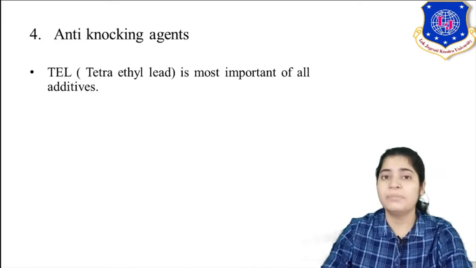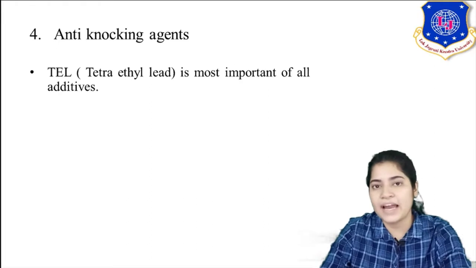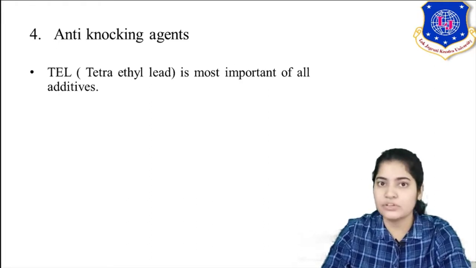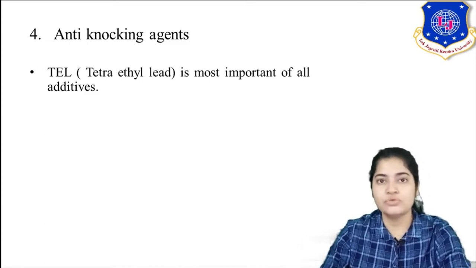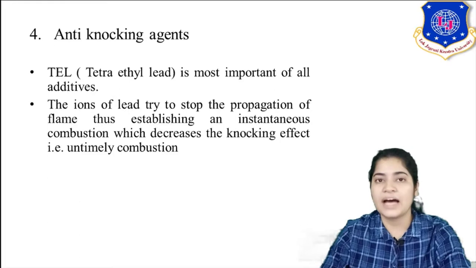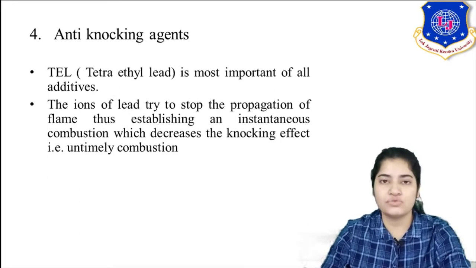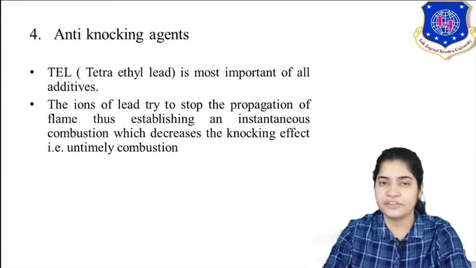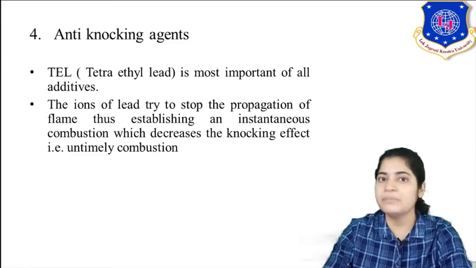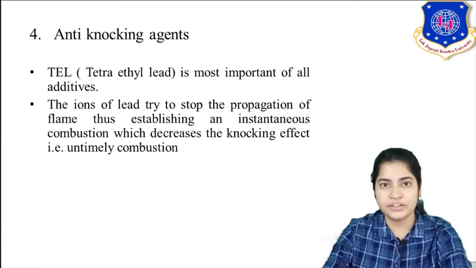But for lead, the mechanism of how it controls the propagation of flame, many arguments are there, but the most suitable argument is that the ions of lead try to stop the propagation of flame. Hence an instantaneous combustion is there, which decreases the knocking effect. It inhibits the premature combustion. That is the function of lead.